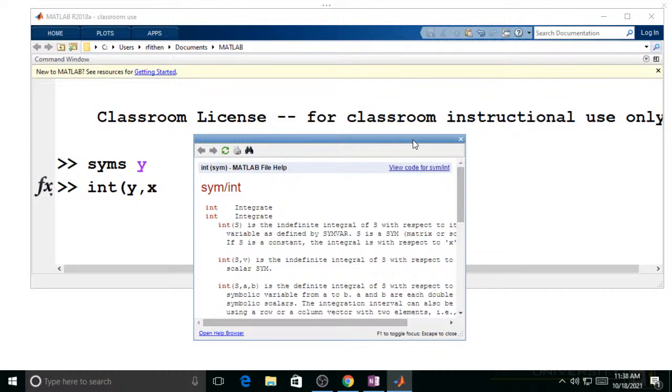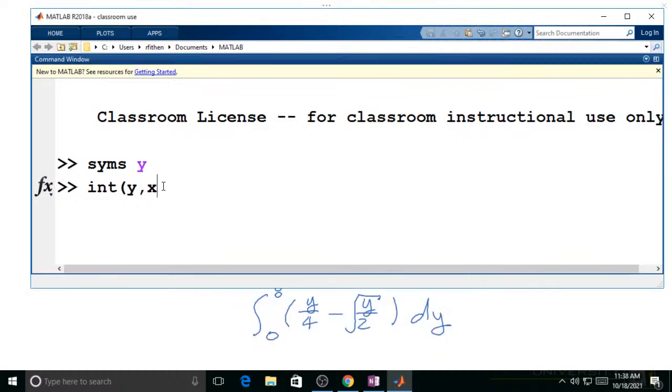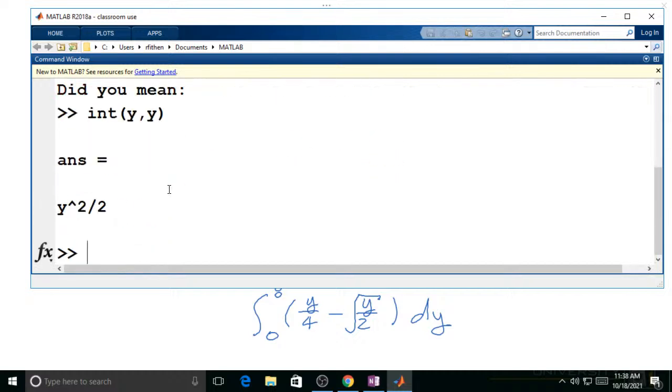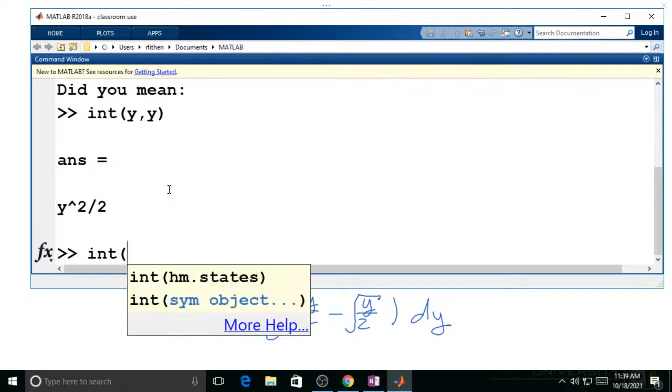I typed it in right. So I integrate y with respect to y. That's what I meant. I'm going to integrate now the function in the middle, which is y.